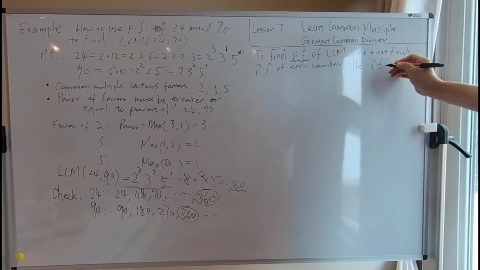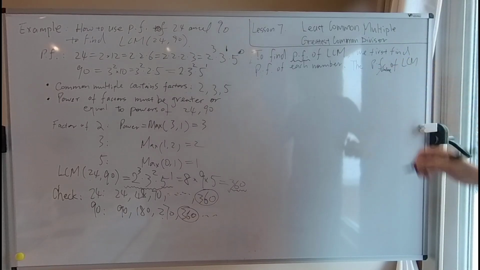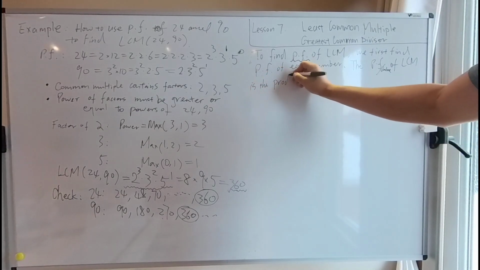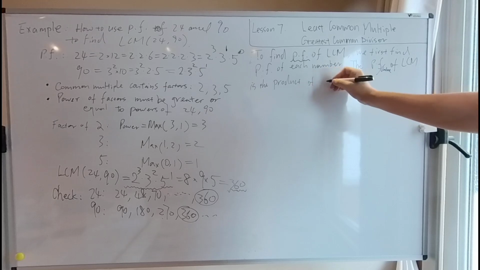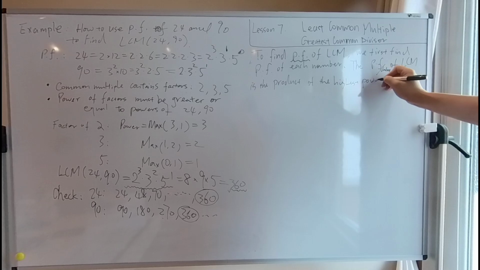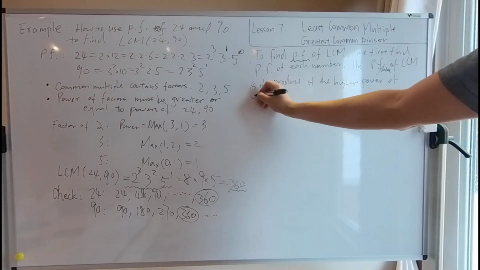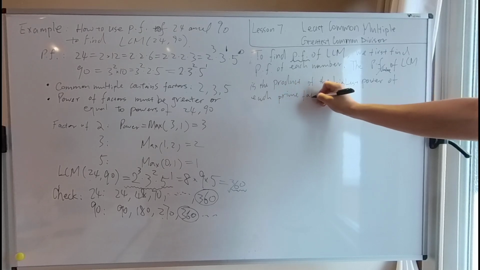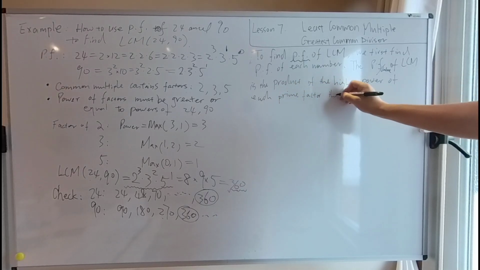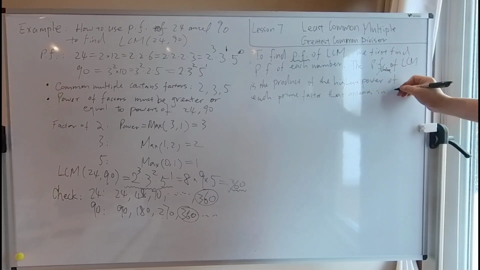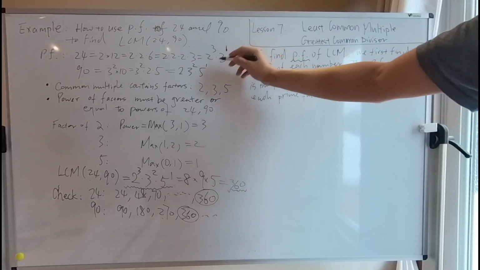So the prime factorization or the value of LCM is the product of the highest power of each prime factor that appears in the prime factorization of each number, right?